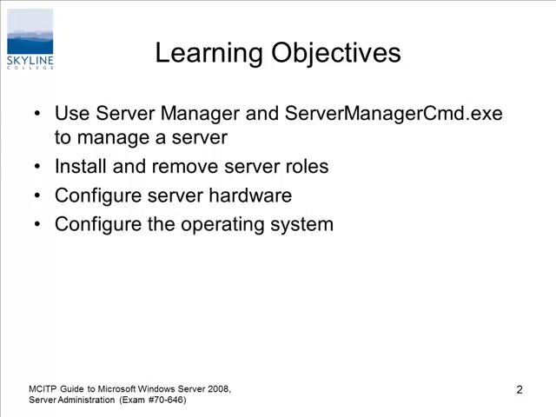Configure the operating system. They're going to have you go through a couple of things, and some of the stuff we did in Windows 7. You can see that the operating systems, when you go through these things, are very, very, very similar. The difference between a workstation and a server mostly is how many people can be connected to it and how many services can you add to that particular operating system.